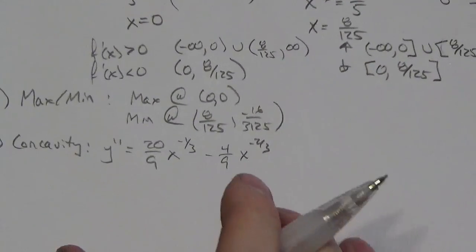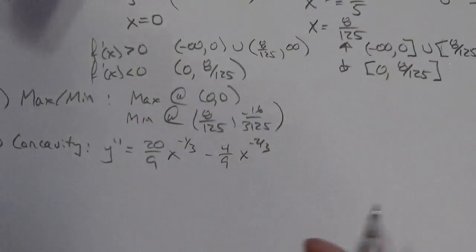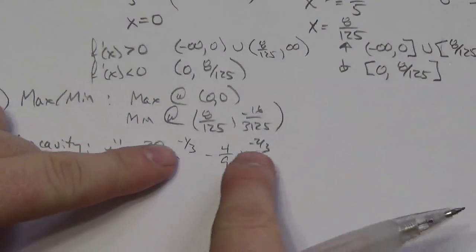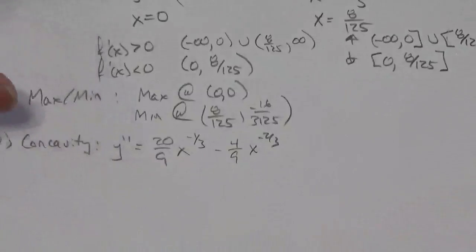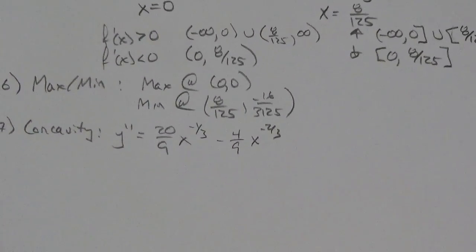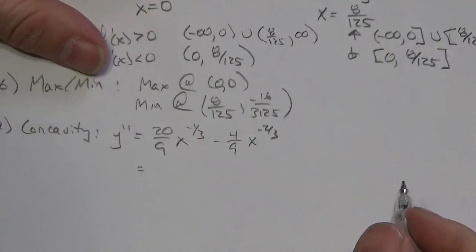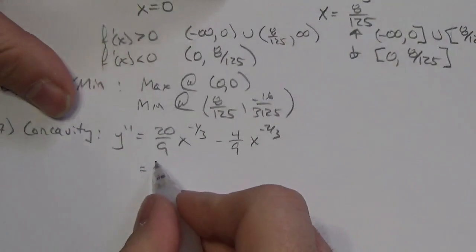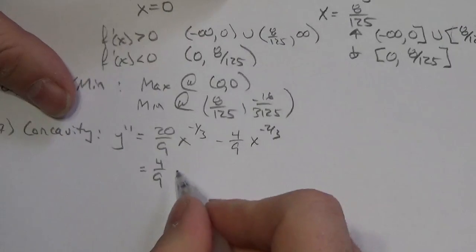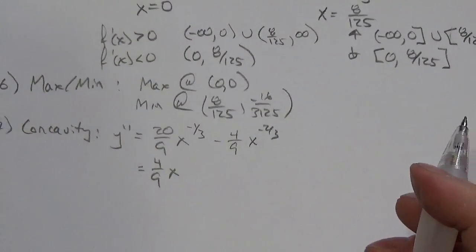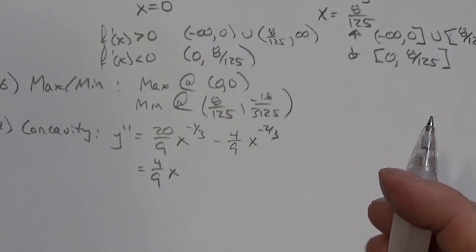Now that's an interesting result, because of those negative exponents, it introduces an undefined value there. So when I'm looking for where this is going to equal 0, first of all I'm going to factor out the 4/9, but I'm also going to take out the smallest exponent, x to the negative 2/3.